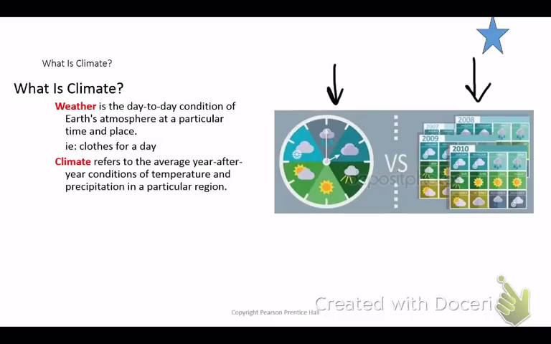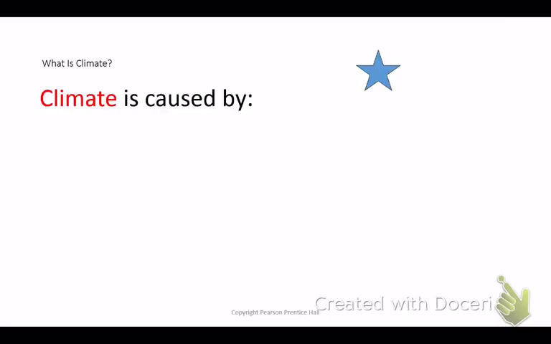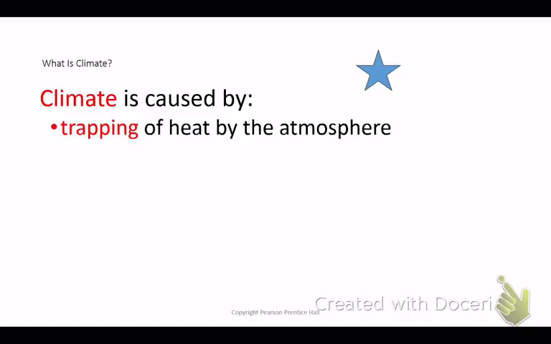But climate is more so the average year after year condition. So it's similar to the clothes in your closet, because you have clothes for year round: summer clothes, winter clothes, spring clothes, etc. So weather is a one day situation, and climate is what goes on year round in a certain location. So you do want to write this entire slide down.